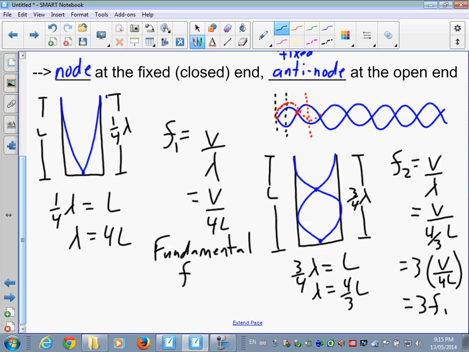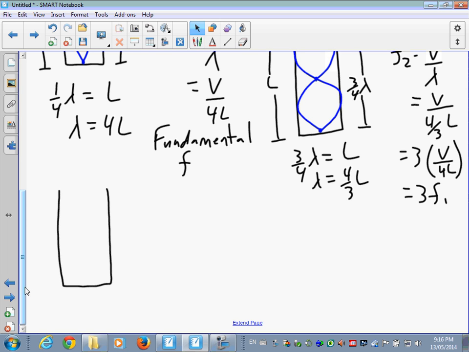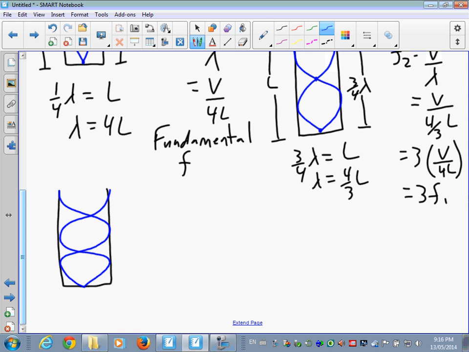So our pattern doesn't work anymore. Well, let's see what kind of pattern we do get. Let's look at the third harmonic. So I'm going to start here, we're going to get a node, there's our antinode, another node, there's our antinode, and there's our next node. So that's what our standing wave will look like over here.